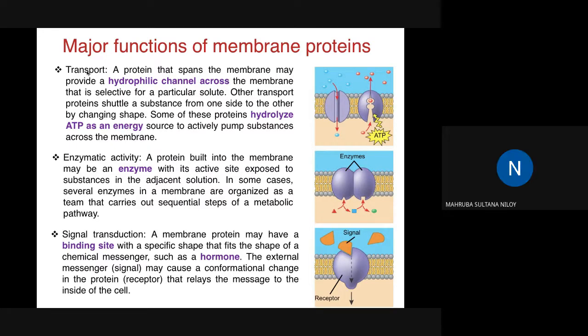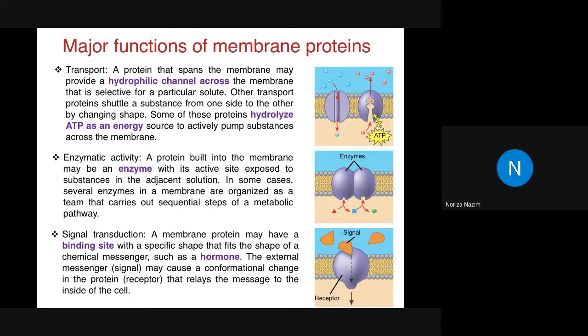Okay, and membrane protein also helps to pass chemical signals. So how can they pass chemical signals? When signaling molecules bind with the receptor. Okay, is it clear?